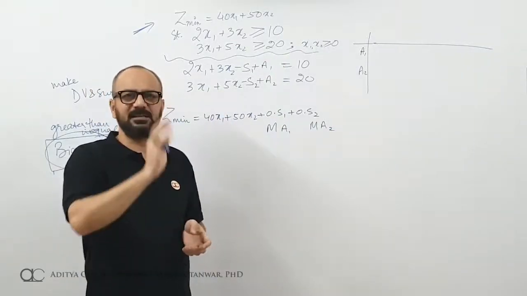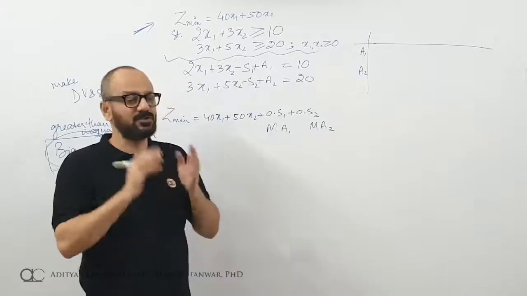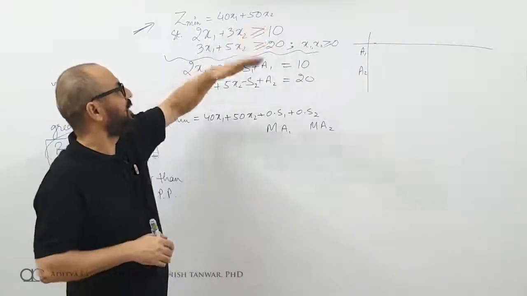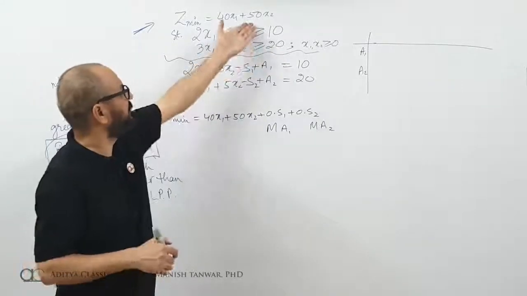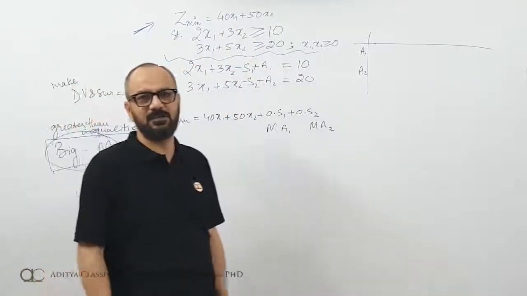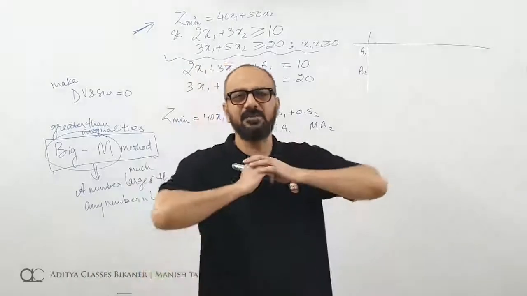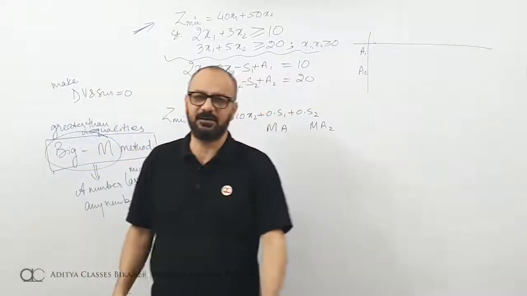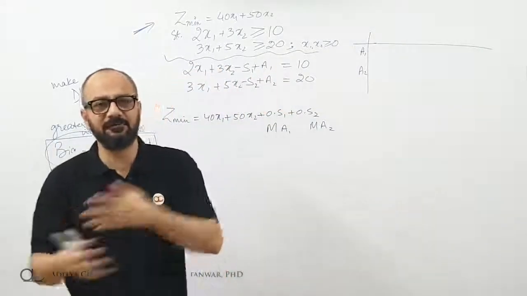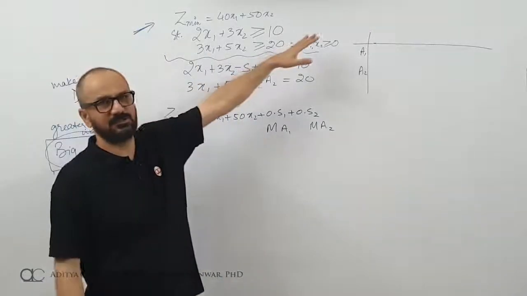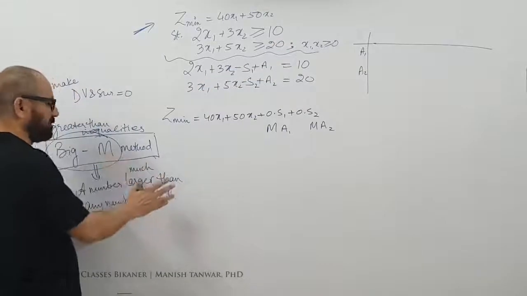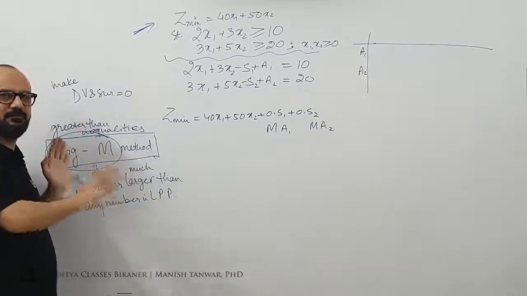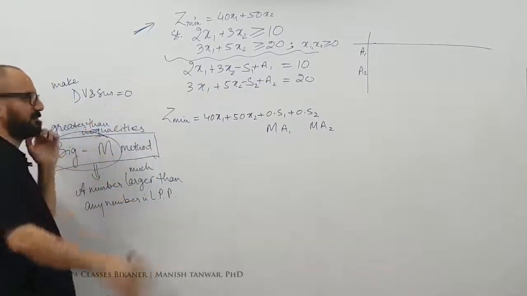Or for that matter, let us take 5,000, 2,000, 1,000, because any of these would be very big as compared to the largest number that we have. The largest number that we have is 50. So what is big M? That M is a very large positive integer, larger than any of the numbers that we have in our formulation. So big M is a very large number. You need not put a value on it, but to understand, it is a very large number.